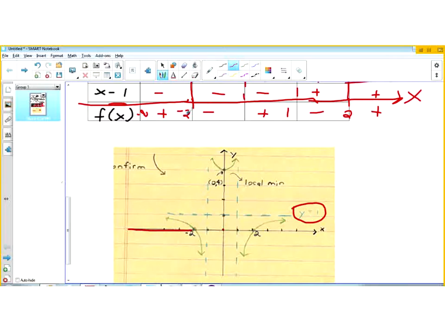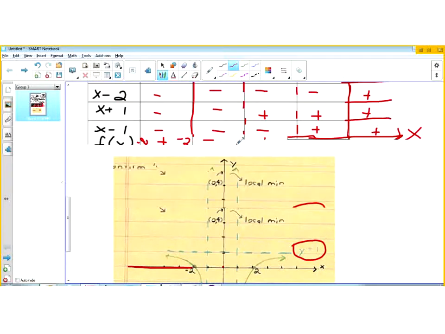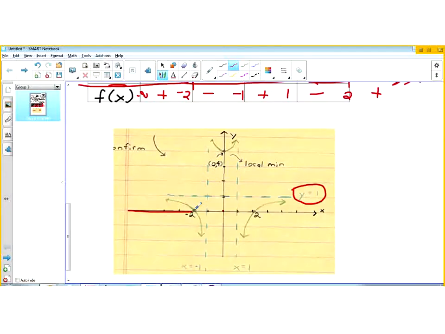Now between negative 2 right here and, where was negative 1? Negative 1 is right here, right? Between negative 2 and negative 1, we should be below the x-axis. See, here's negative 2, here's negative 1, right there. And so, see the branch right here? It's below the x-axis, and it's also asymptotic with our vertical asymptote x equals negative 1.